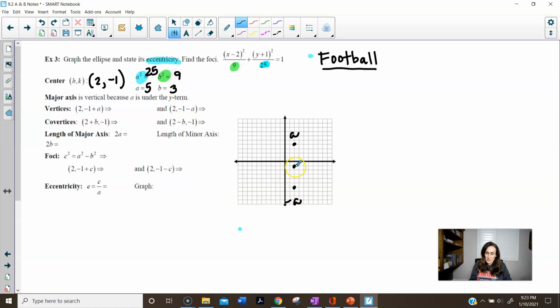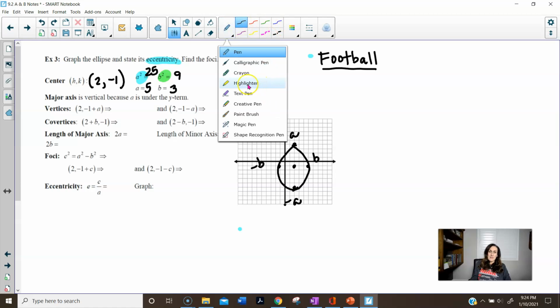From the center, you count 1, 2, 3. So there's b, and 1, 2, 3, and there's the opposite of b. And then you can just draw. I'm getting really tired, so this is not going to be the best shape. But then you will draw your ellipse. Yours will look better than mine. That looks horrible. All right, so the major axis is vertical because the stretch is under the y.